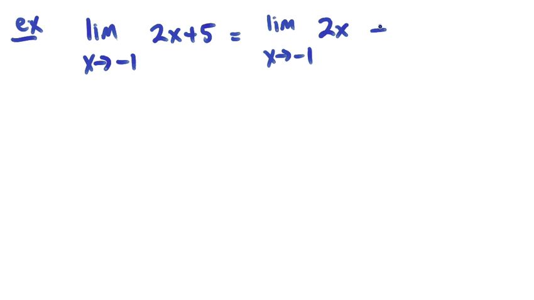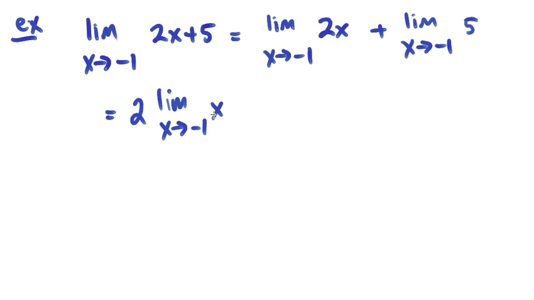How about the limit as x approaches negative 1 of 2x plus 5, and we can take this apart because it's the sum, the limit as x approaches negative 1 of 2x plus the limit as x approaches negative 1 of 5. That's 2 times the limit as x approaches negative 1 of x, and this is a constant function, so it's equivalent to 5.